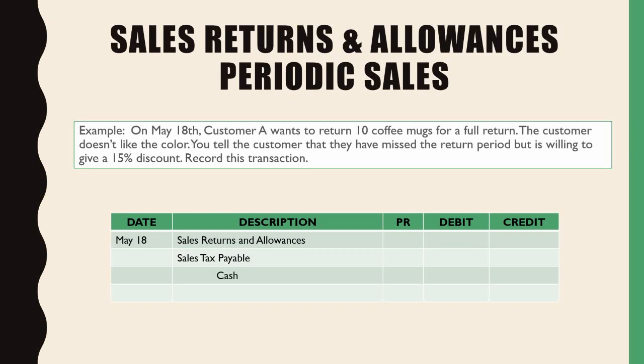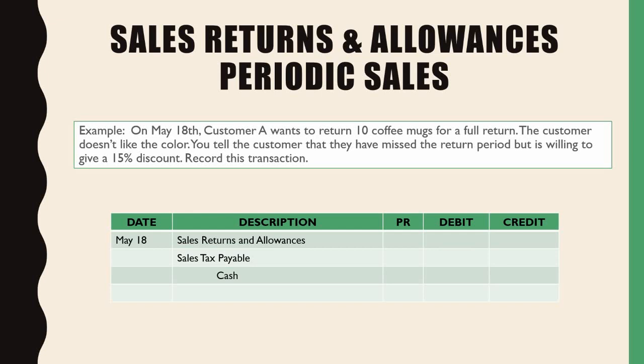So they're going to get an allowance. I'm sorry, I forget the price of the mugs. Were they $5? Yes, they were $5. Correct. So it's $7.50. $7.50 is just the returns and allowance. That's what we're giving the allowance for.